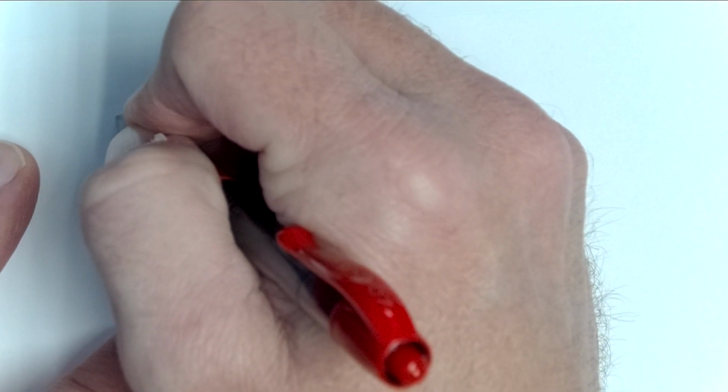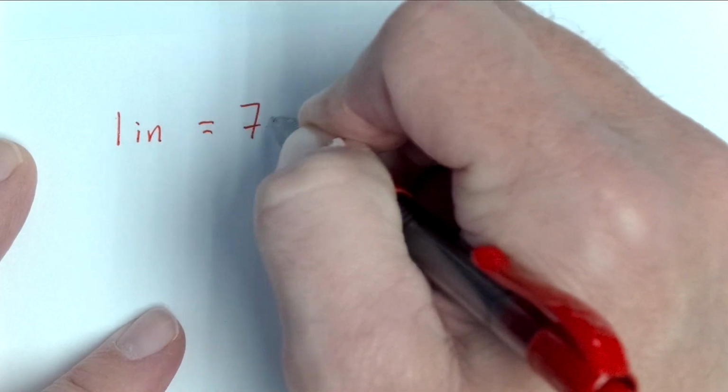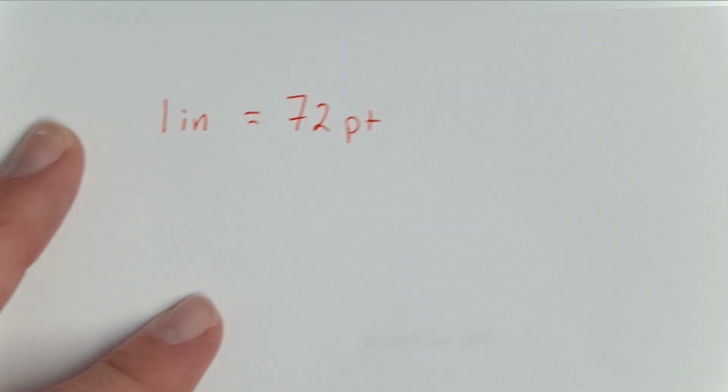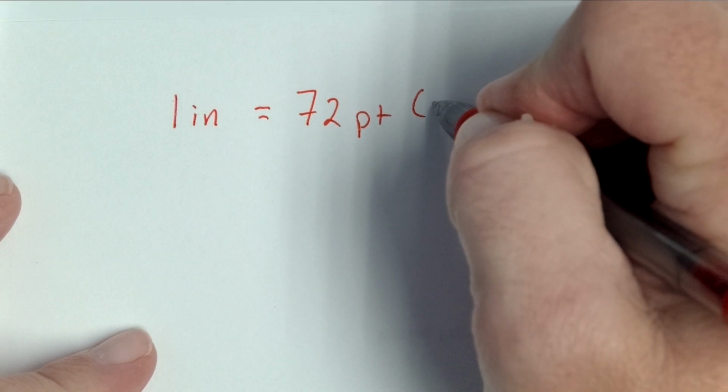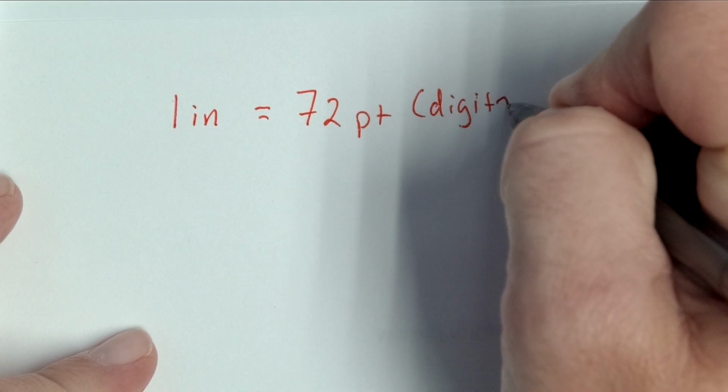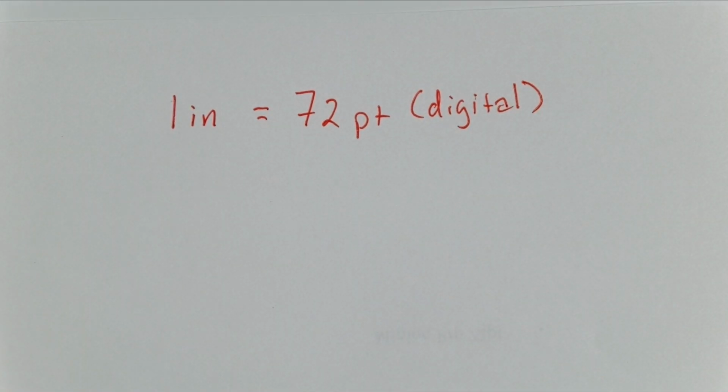So in our list of measurements here, 1 inch is equal to 72 points, right? In this case, this is a digital point.